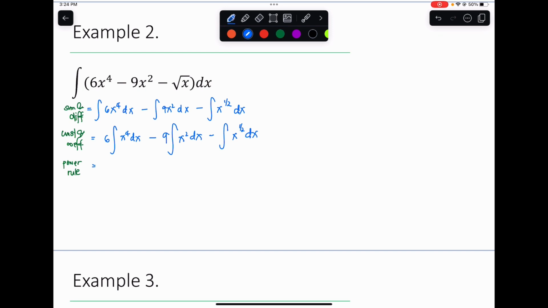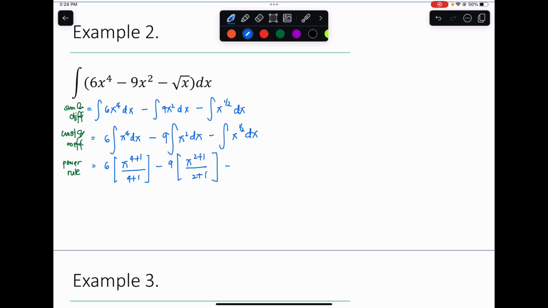And lastly, we can use already the power rule. Applying the power rule, that would give us 6, and then this would be x raised to, again I can write this one, but later on I will be writing right away the answer. And minus 9, multiply it with x raised to 2 plus 1 all over 2 plus 1.